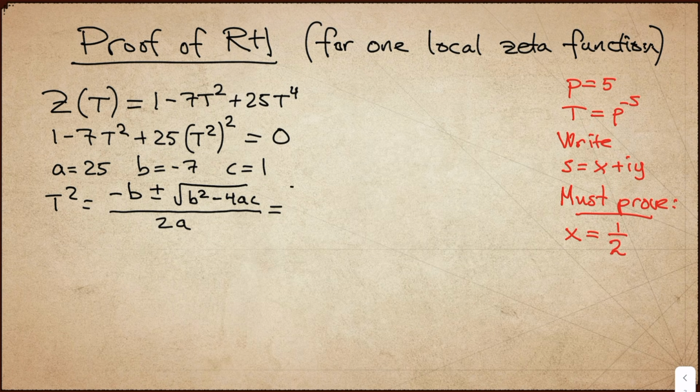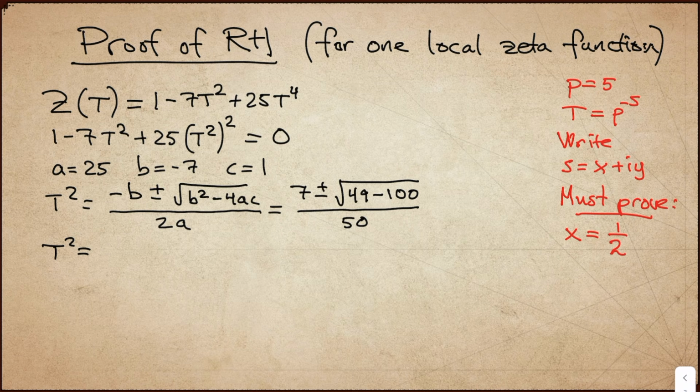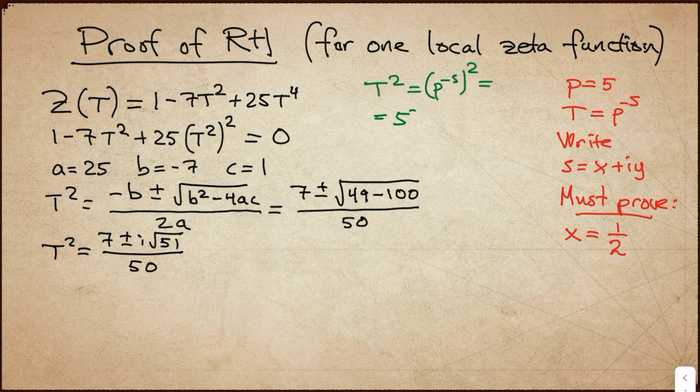This is 7 plus minus, let's see, square root of 49 minus 100, all that over 50. So t squared equals 7 plus minus i times square root of 51 over 50. Note that t squared is p to the minus s squared. That's 5 to the minus 2s, or 25 to the minus s.